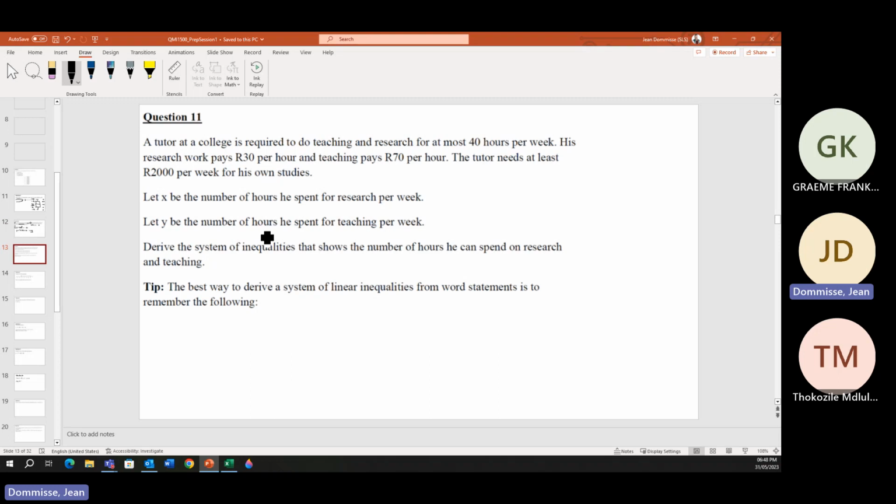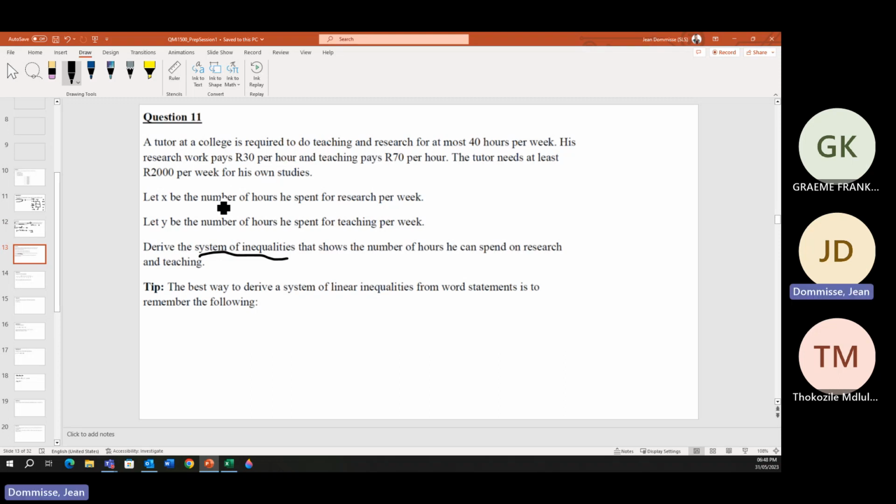Okay, so a tutor at a college is required to do teaching and research for at most 40 hours per week. Here we're dealing with linear programming, and they ask us to write down the different equations that you might get for this.